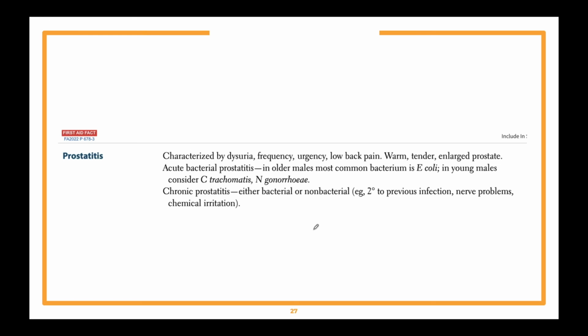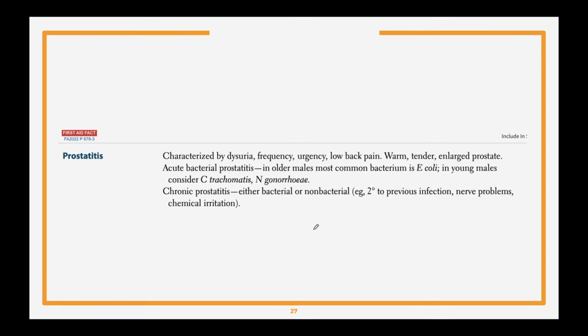In acute prostatitis, usually in older males, it's due to E. coli. In younger males, it could be due to Chlamydia trachomatis or Neisseria gonorrhoeae. So in this case, it's more likely that this would be acute prostatitis. There are a couple of things that point away from pyelonephritis, but let's take a look at those other answer choices.